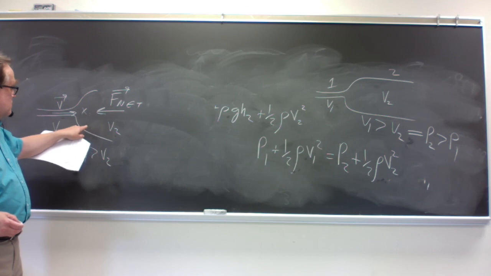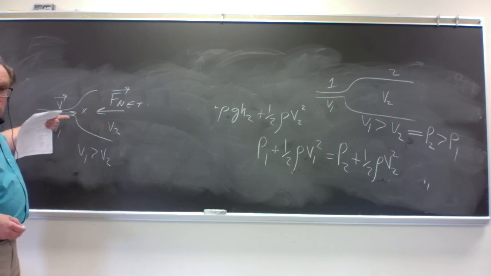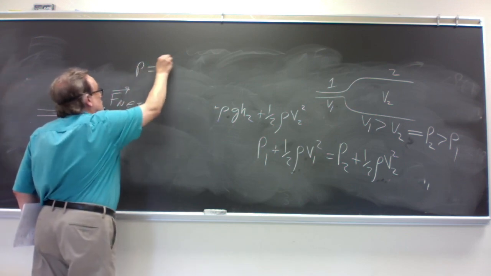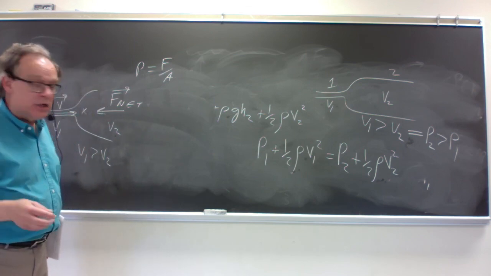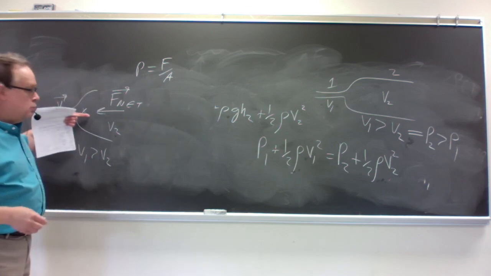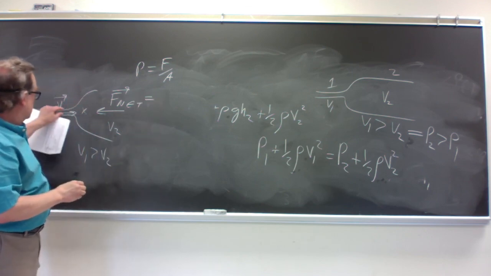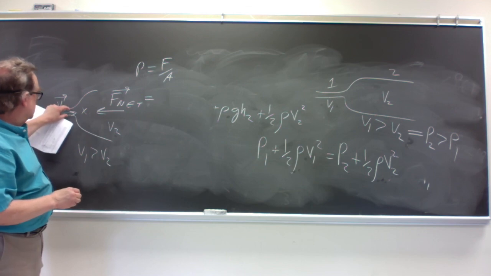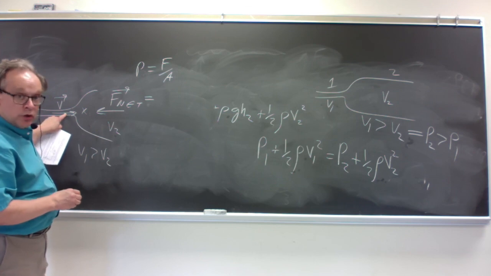Right, the net force is just equal to the force pushing this water forward. Remember, pressure is force divided by area, so force is pressure times area. The force pushing forward is just this area times the pressure in this region.